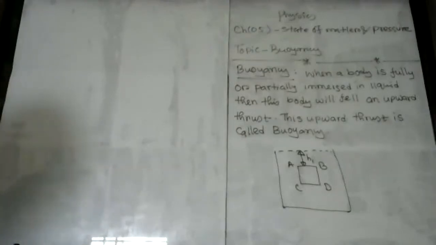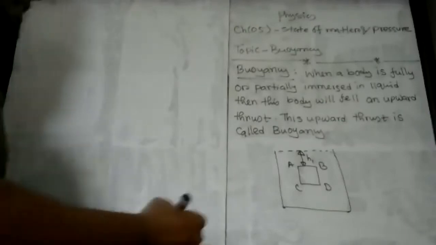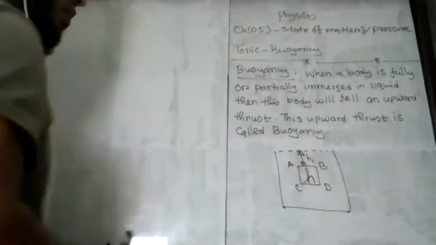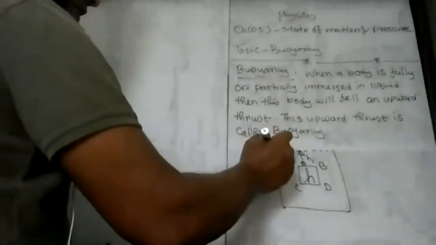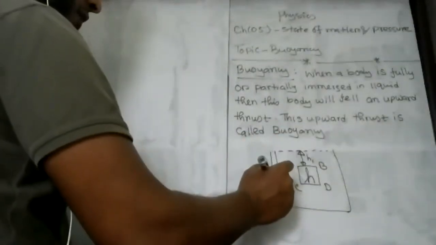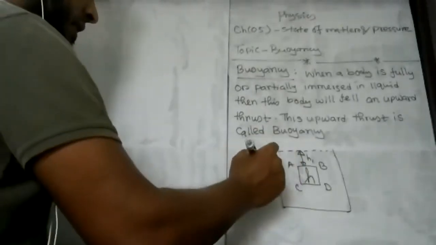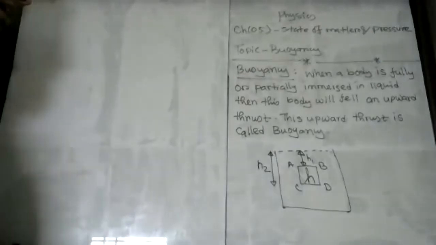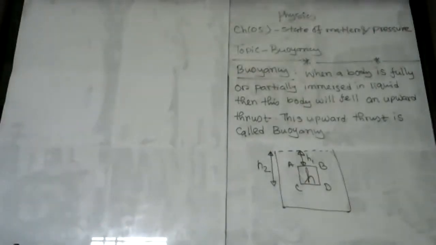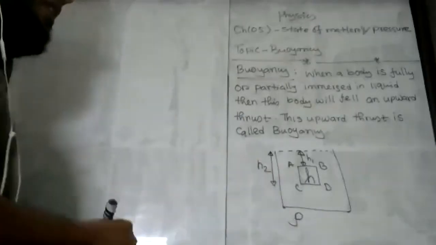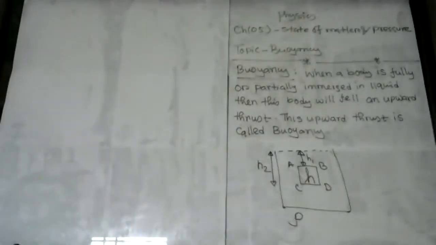So here H is the height of the cylindrical shaped body. And then you see that the height from the bottom surface to the upper surface of the liquid is H2. And this liquid has a density, and that density is rho. Okay, rho is the density of the liquid.